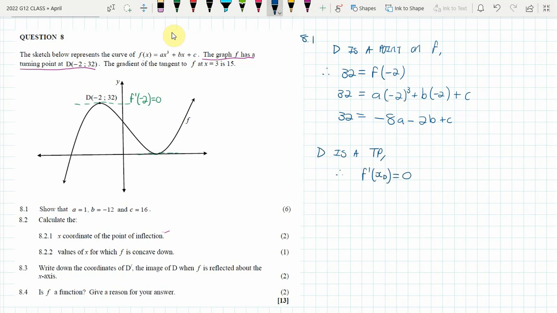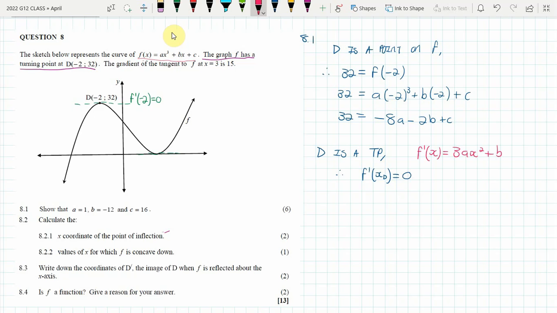But now what is f prime? f prime in terms of x will be what? If that is f, it's 3ax squared plus b. This is f prime now.